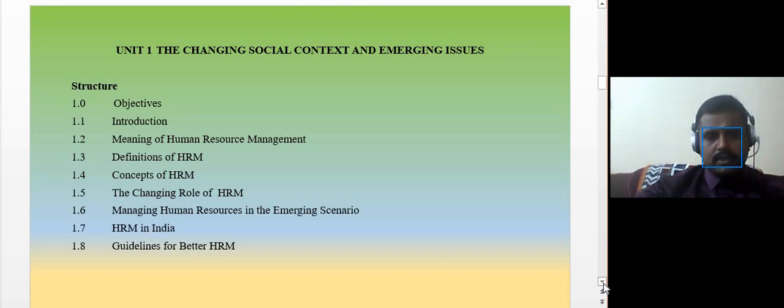And the fifth, the various concepts related to human resource management and its practices. And next one, the changing role of human resource management, and managing human resources in the emerging scenarios. And next one, human resource management and the practices followed in our country, in India. And the last one, the guidelines for better human resource management.